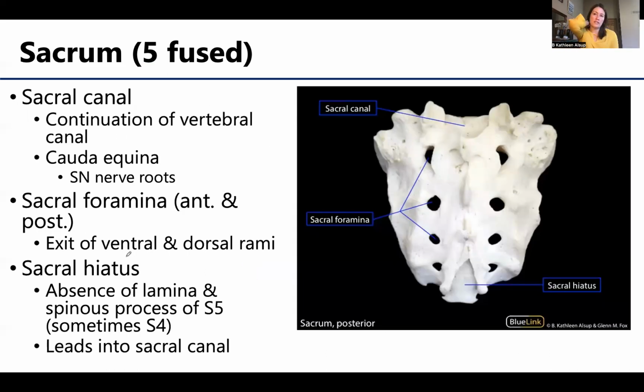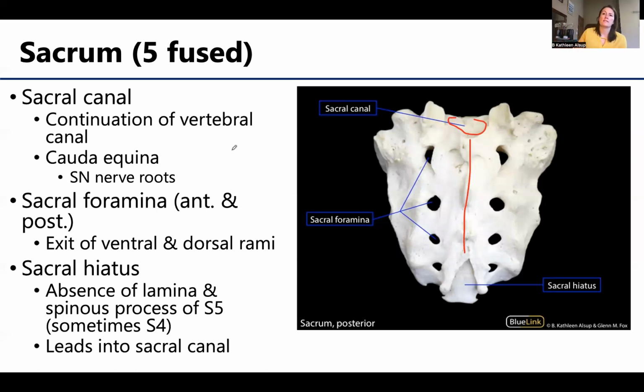If you're looking posteriorly or from a straight superior view of the sacrum, you will see the opening of the sacral canal. It will extend deep to this region. This is basically the continuation of the vertebral canal. But one thing you'll talk about in quite a bit more detail when you get into the neuro portion of the course is that the spinal cord actually ends around L2, the second lumbar region.